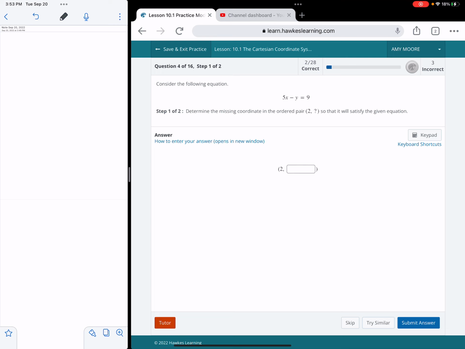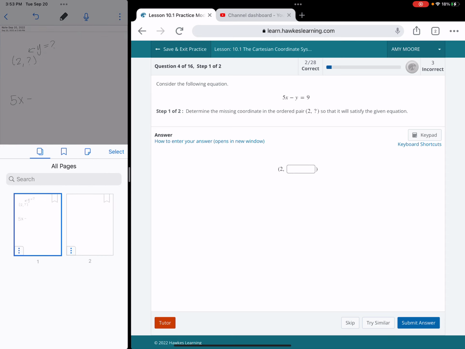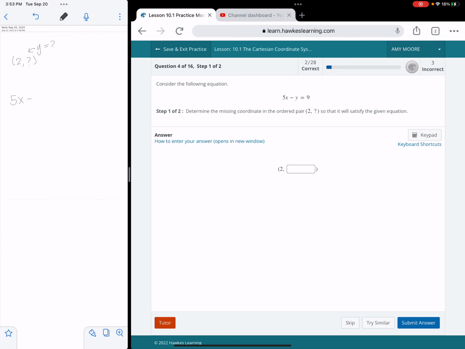The next one says 5x minus y equals 9. And they want me to determine the missing coordinate for (2, ?). So what I'm looking for essentially is, what does y equal? Because it's in the second place in my coordinate. So I've got this equation, 5x minus y equals 9.